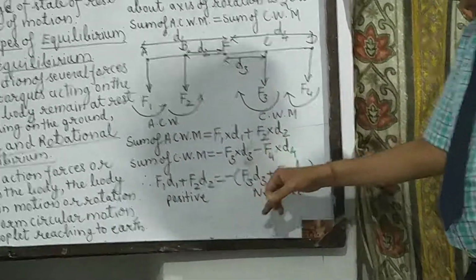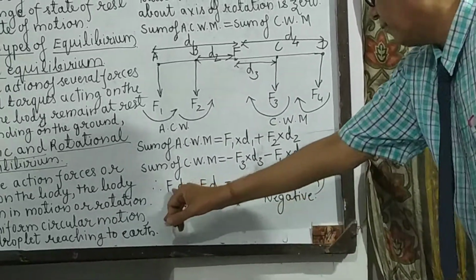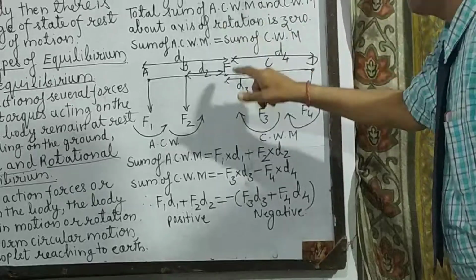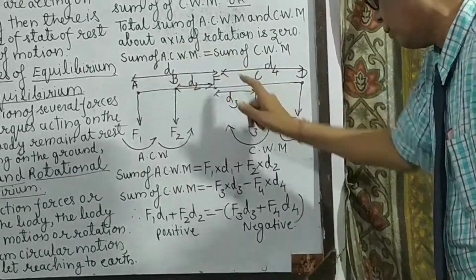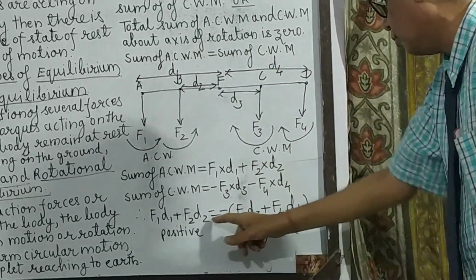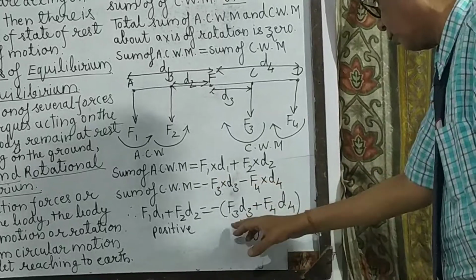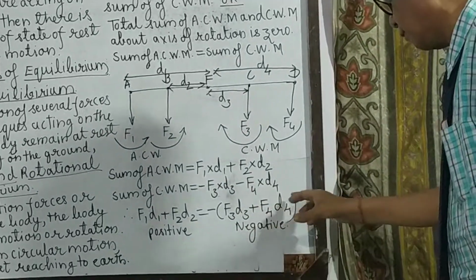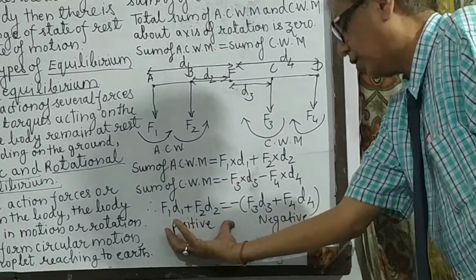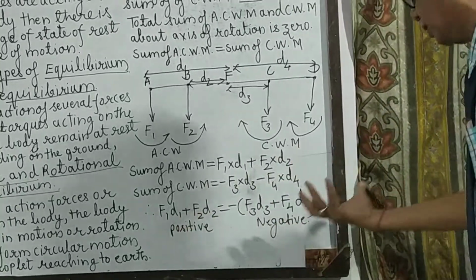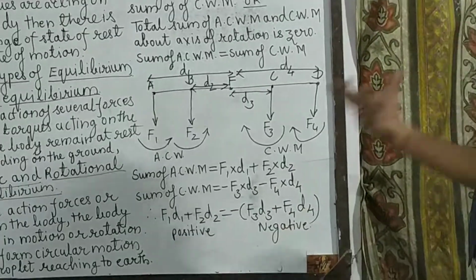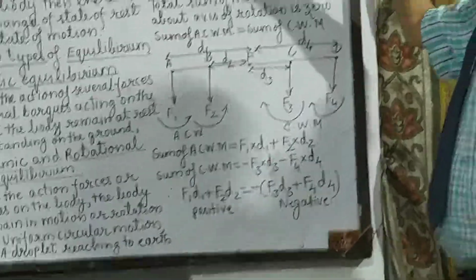You add. So according to this formula, the sum of anti-clockwise is F1 D1 plus F2 D2 is equal to, taking the minus common, F3 D3 plus F4 D4. This is total positive, meaning anti-clockwise. This is total negative, which is clockwise. This proves the principle of moments.